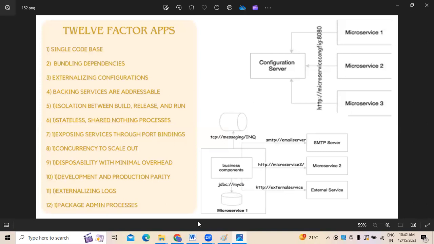Whenever we are working on this data migration, it is always important to understand these 12-factor rules, because in the traditional legacy application we don't follow any such rules, as it is completely a monolithic architecture where everything was interconnected. But in the cloud environment, whatever data we are migrating from the legacy to the cloud, we have to build microservices for all the components from scratch.